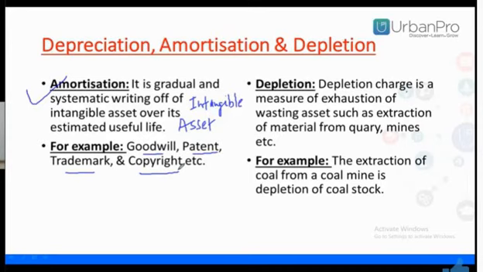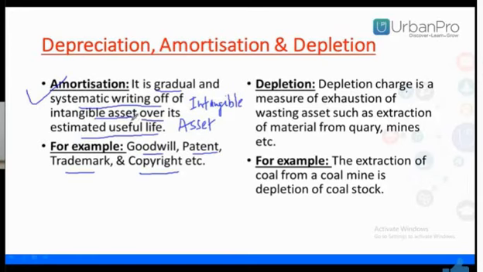Even intangible assets have some definite or finite life. So that is why we charge amortization. Amortization is the gradual or systematic writing off of an intangible asset over its estimated useful life.